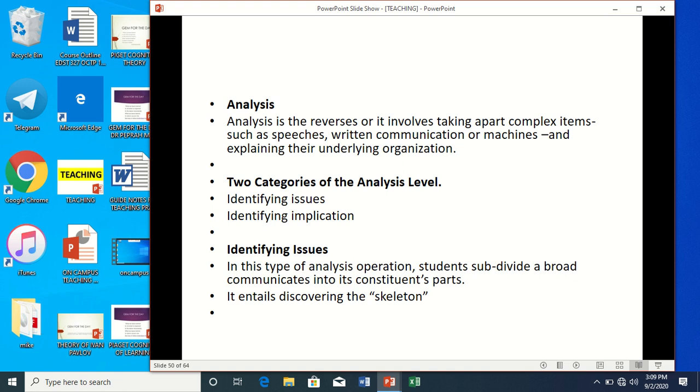Analysis is the reverse, or it involves taking apart complex items such as speeches, written communication, or machines, and explaining their underlying organization. So look at the 2 categories of the analysis level. It has to do with identifying issues, then identifying the implications.